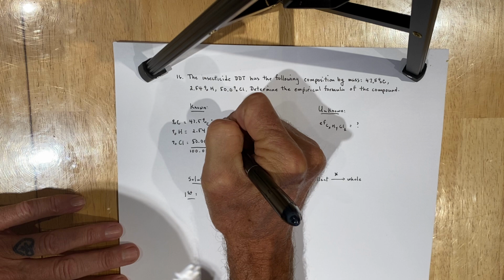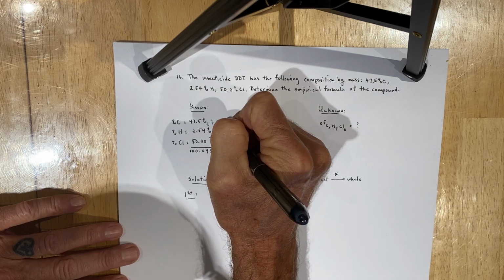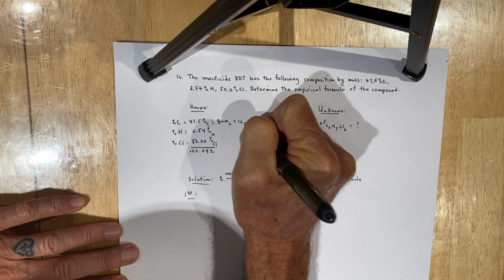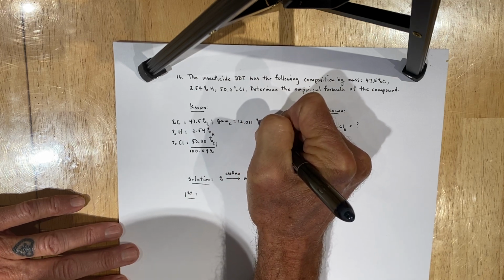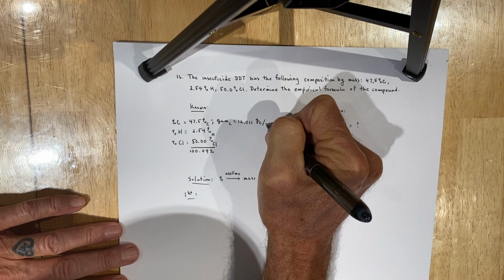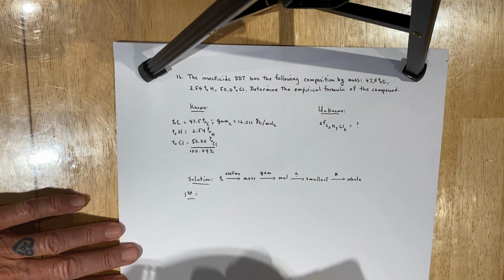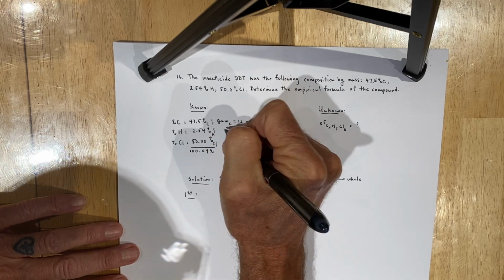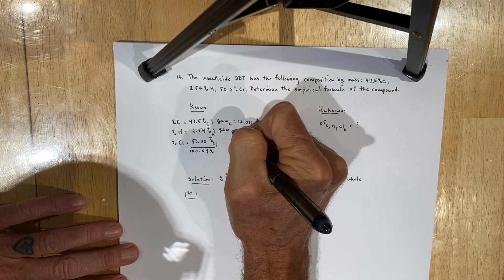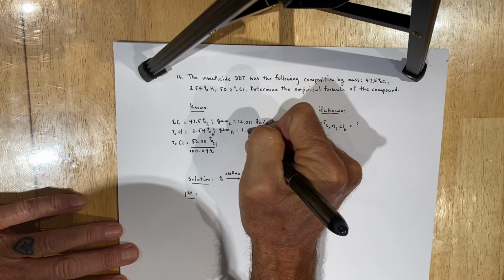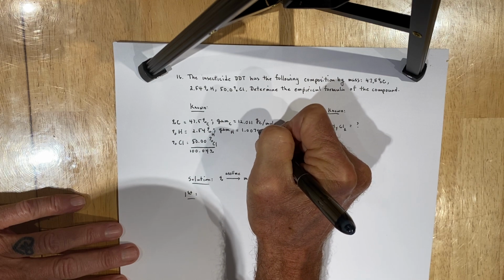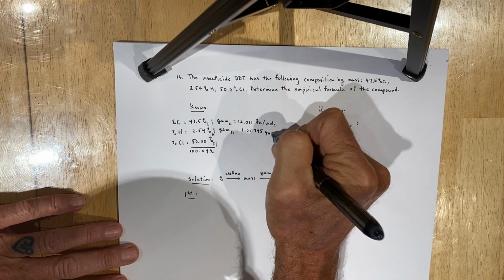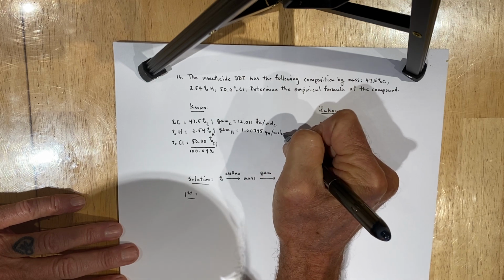To convert from mass to moles, you're going to need to know the gram atomic mass of each substance. So the gram atomic mass of carbon off the periodic table is 12.011 grams of carbon per mole. The gram atomic mass of hydrogen is 1.00795 grams of hydrogen per mole of hydrogen.